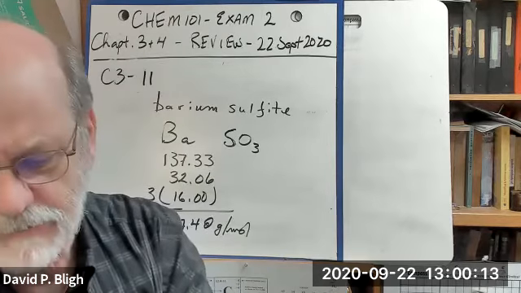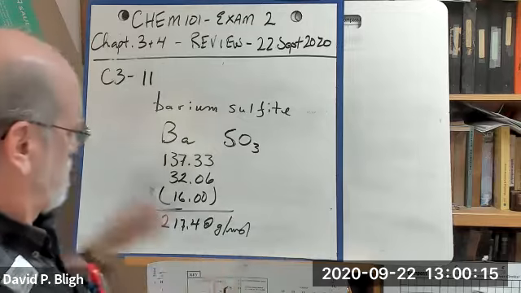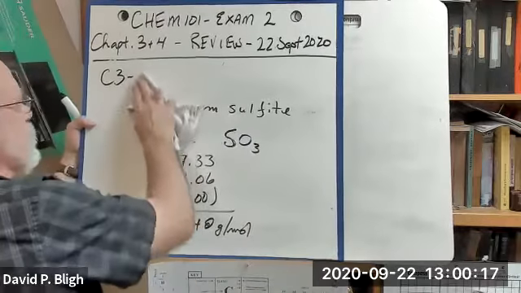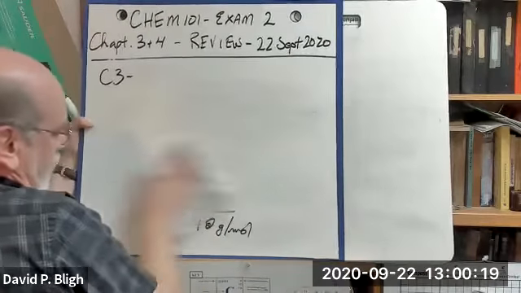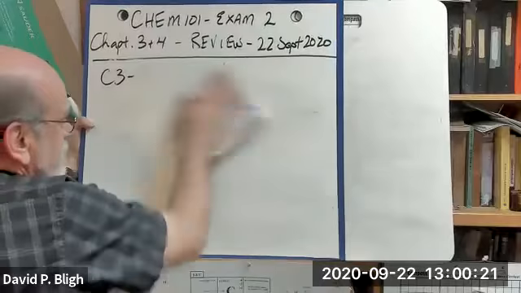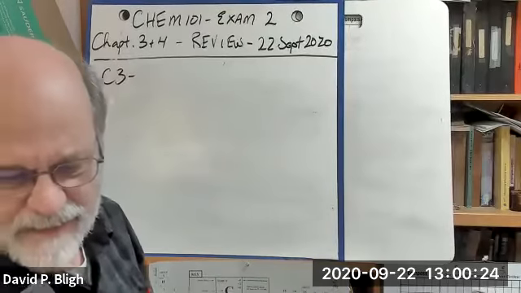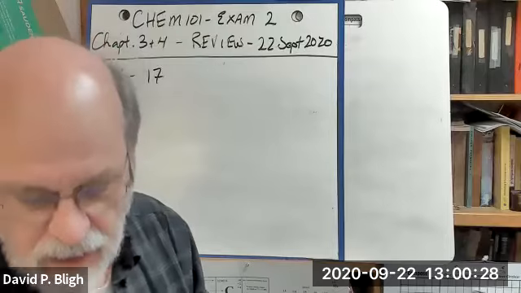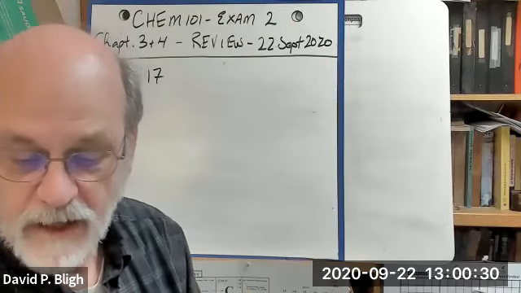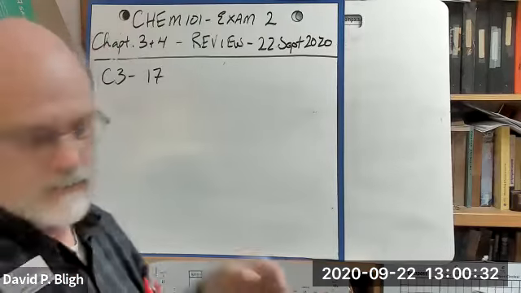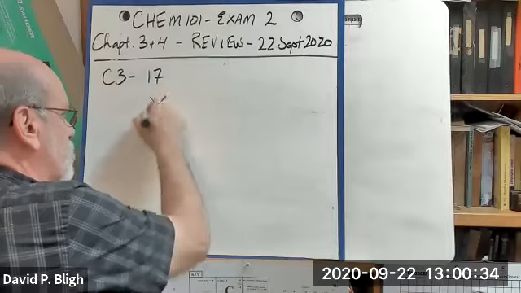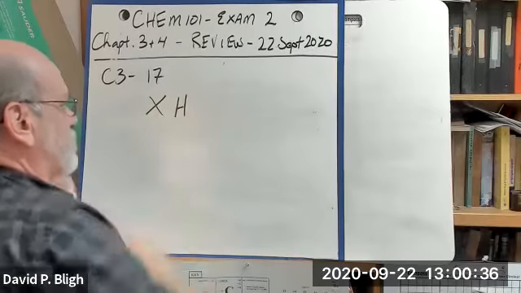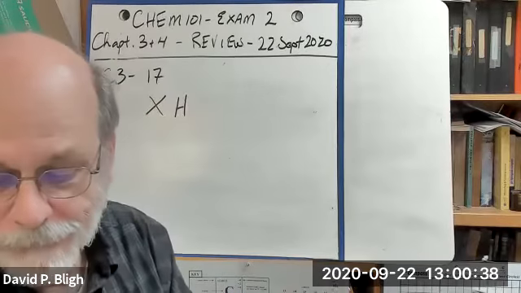How about 17? 17 usually throws my students for a spin. Let's see, 17. A compound is composed of an element, X, and hydrogen. So it's got this in it, and it's got that in it. Okay?